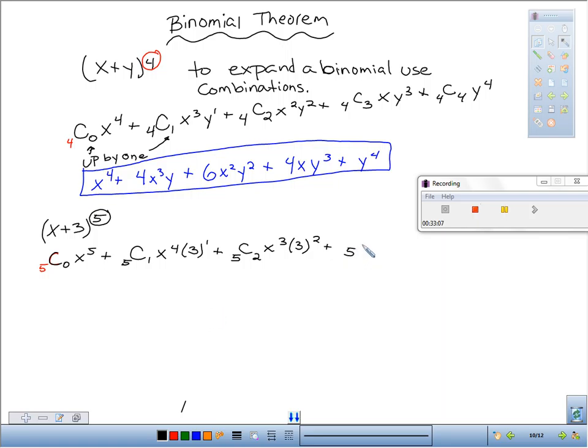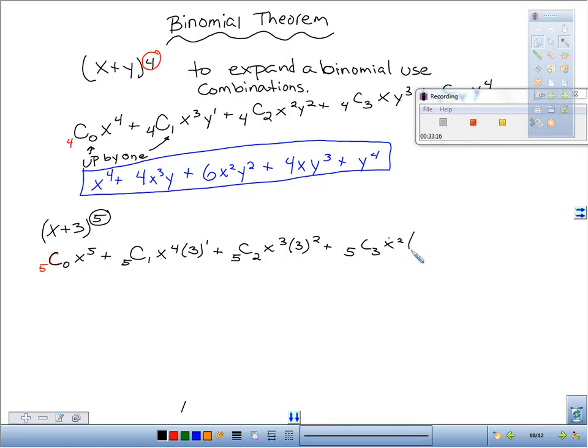Plus 5, choose 3, x squared, and then 3 cubed, plus 5, choose 4, x, 3 to the 4th, plus, I'm going to have to write down here, 5, choose 5, and then 3 to the 5th. Any questions over that?